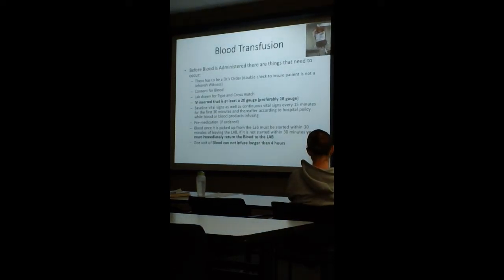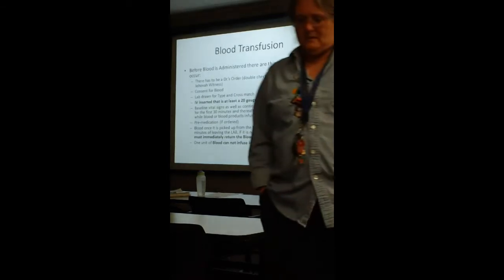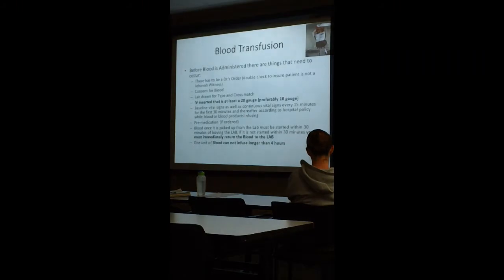Blood is an important thing that you have to pay special attention to. You have to have 2 RNs do a checkoff on the blood products. If the vital signs are out of sorts, like the temperature's elevated, you call the doctor and let him know before you even go get that blood, because maybe you have to do some pre-medication.